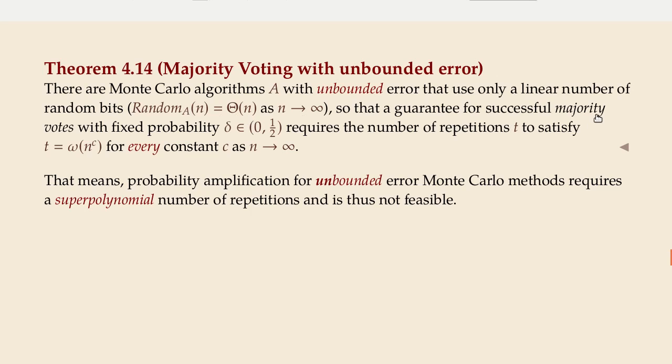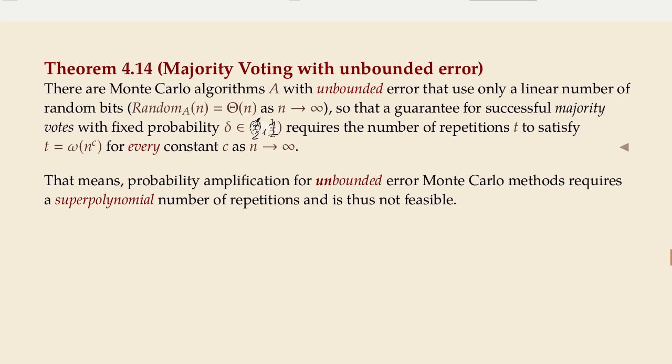And if you would then want a guarantee for the majority vote to succeed, that's not even with high probability, but just some fixed delta, which should be between 1/2 and 1. So the statement is, I would like to amplify the success probability of an unbounded error Monte Carlo algorithm.